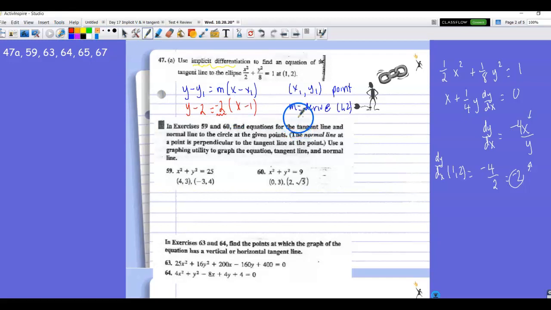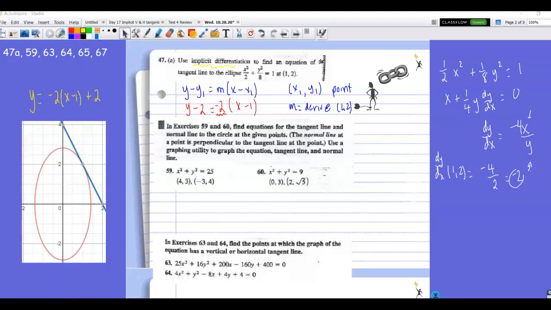And then the last thing I'm going to do is get y by itself, so I'll do that over here on the left hand side. I'm going to add 2 to the right hand side. That'll give me y equals negative 2 times (x minus 1) plus 2. So that is the equation of the line tangent to that ellipse.